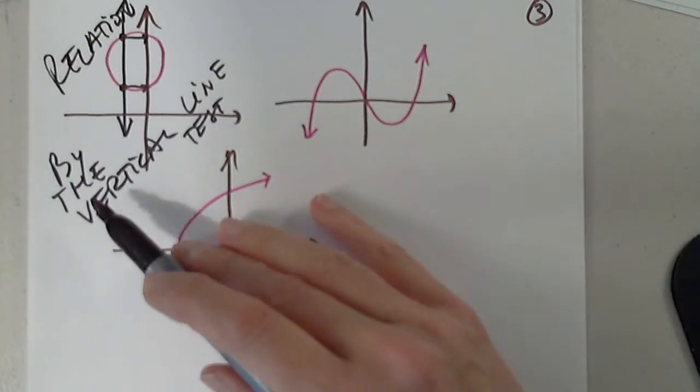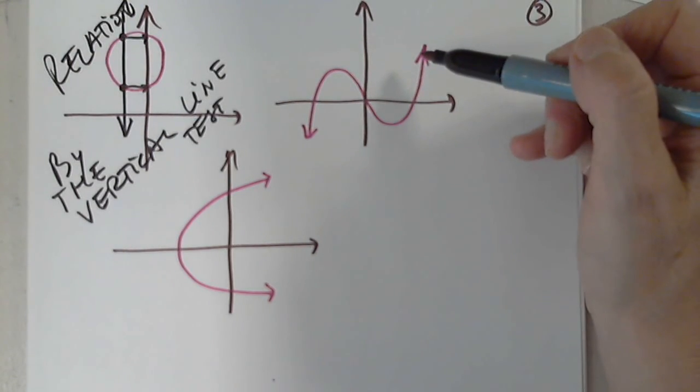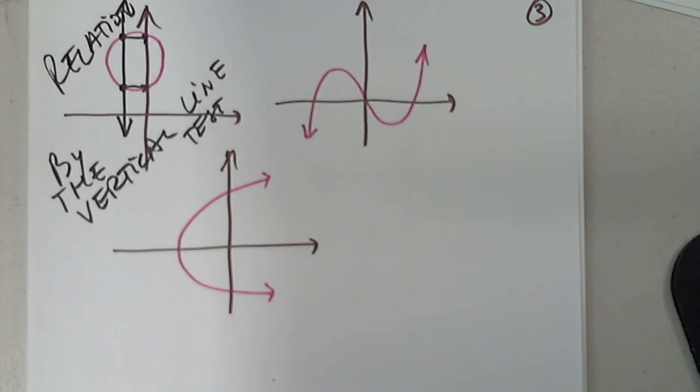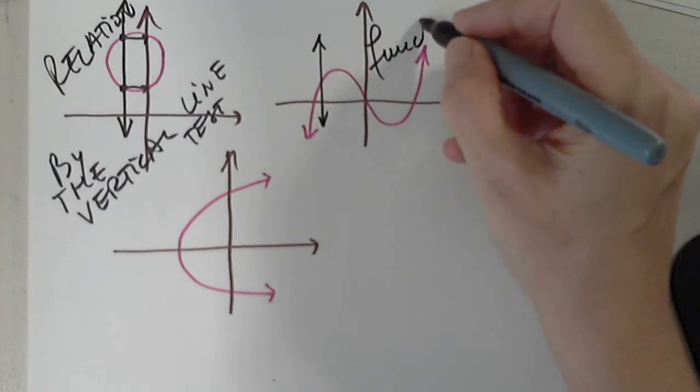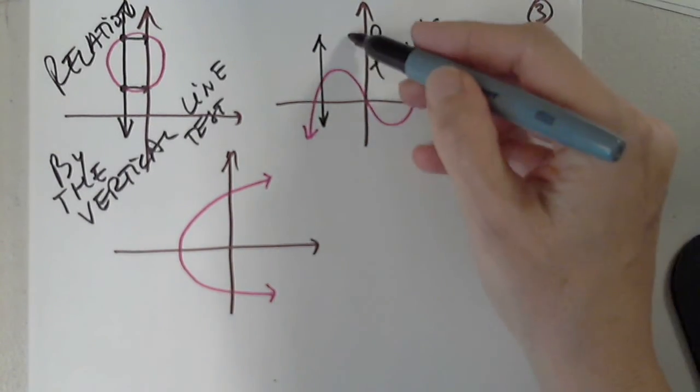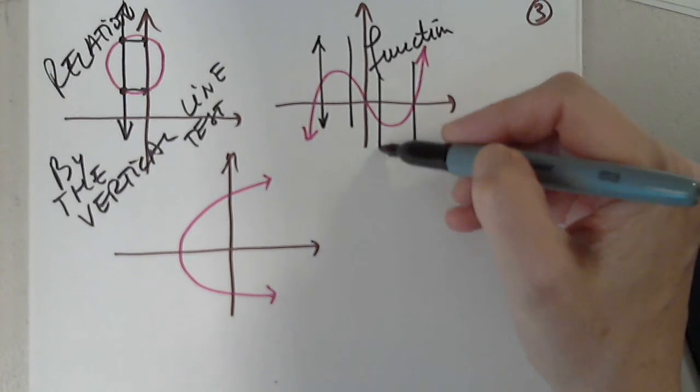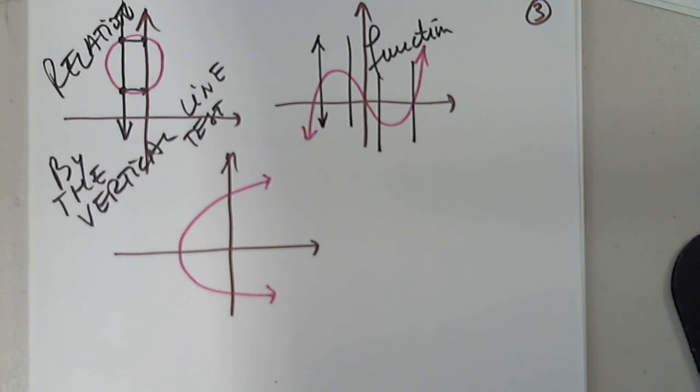What about this by the vertical line test? Is this a function? Yeah. By the vertical line test, this is a function. Why? Every vertical line will only cross the function in one point.